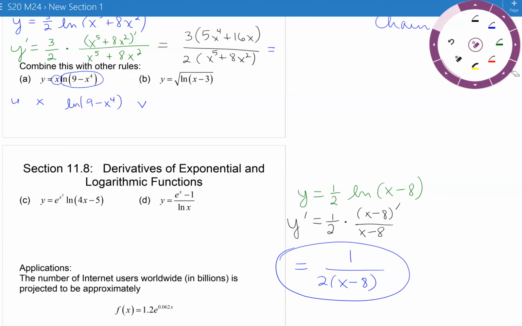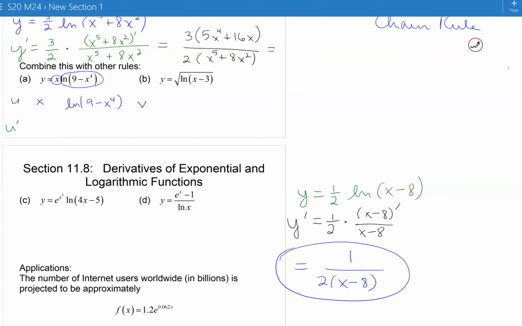Then we need to use our product rule to find the derivative. Well, u prime is simple. That's going to be 1. But v prime looks like it's going to be more complicated.